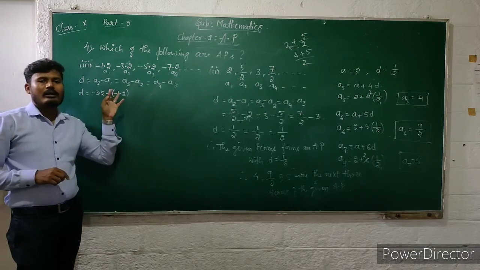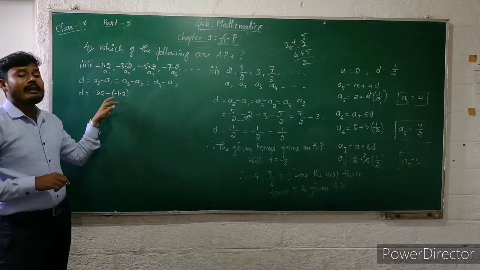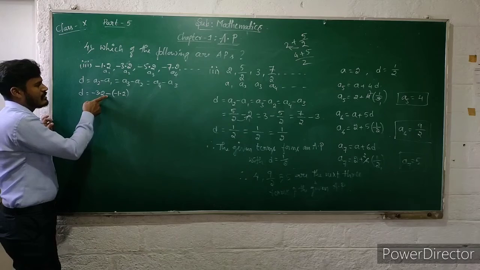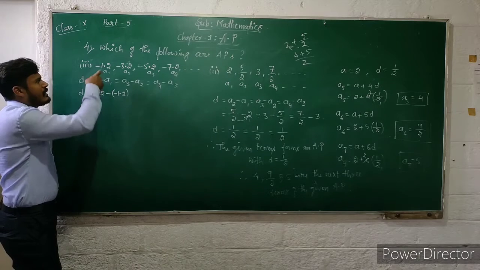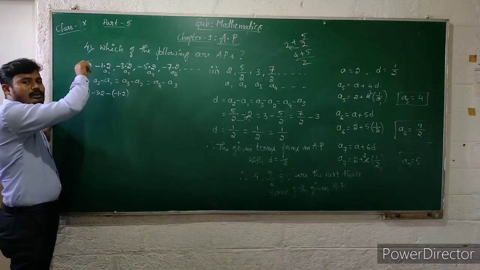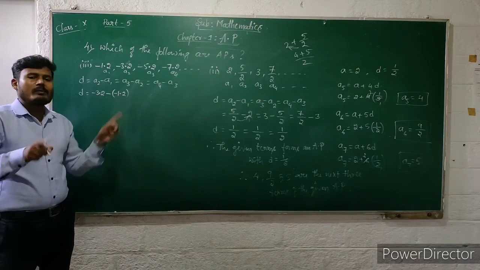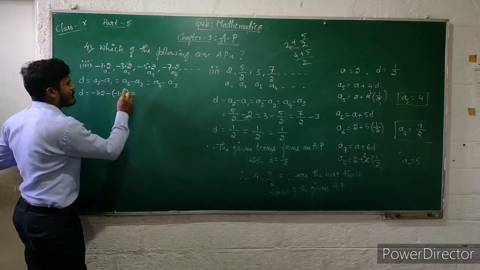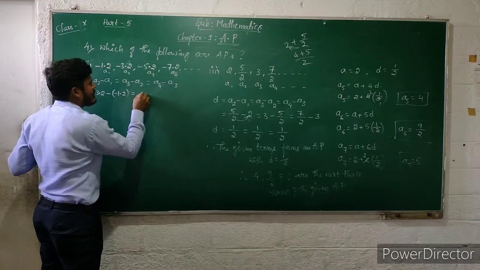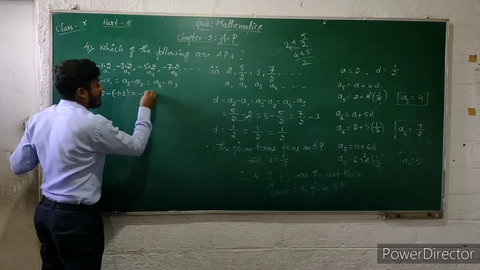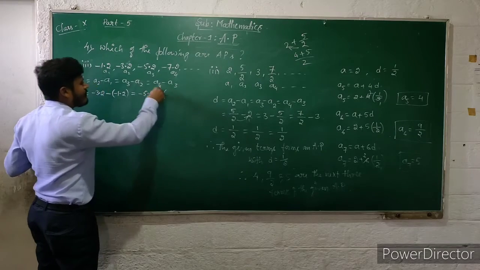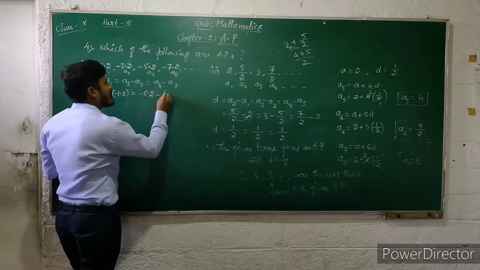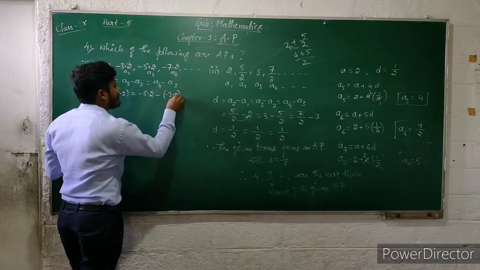We write minus of minus 1.2 because the first term contains a negative sign, that's why we put a bracket and write down that sign. That's it. So this is equal to A3, minus 5.2, minus of minus 3.2.